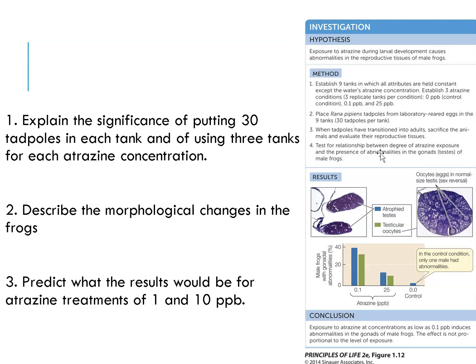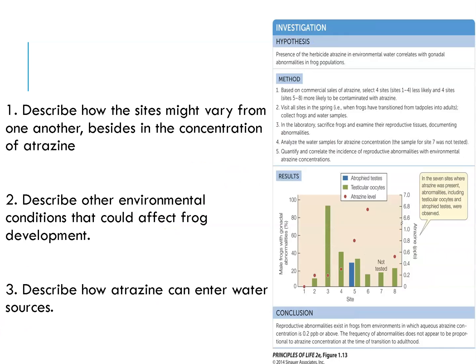We've got to get better at that. Here's an example of an investigation where they expose frog eggs, reproductive tissues, to a drug. I want you to read through this investigation and answer these questions. You can pause if you want. It's also on my North Side. And then also part 2, these questions as well.